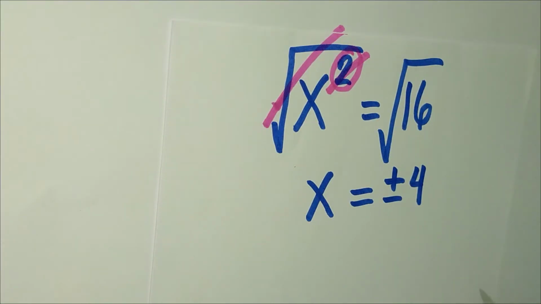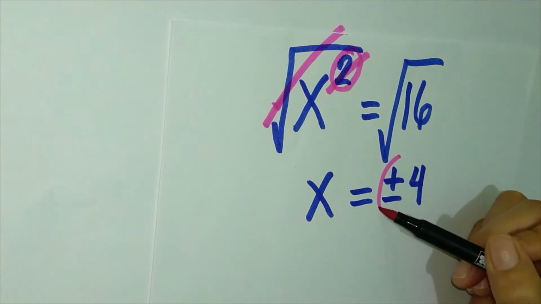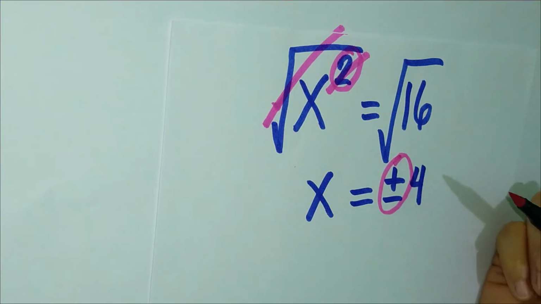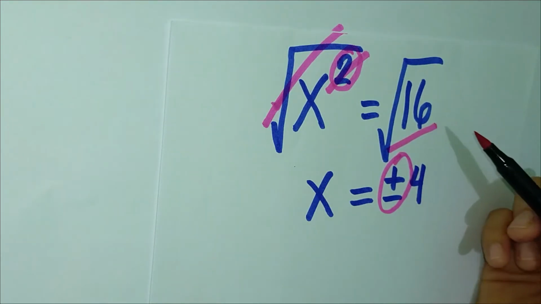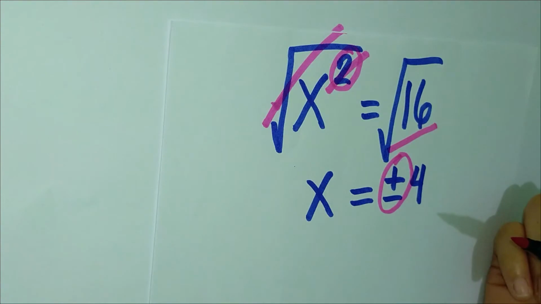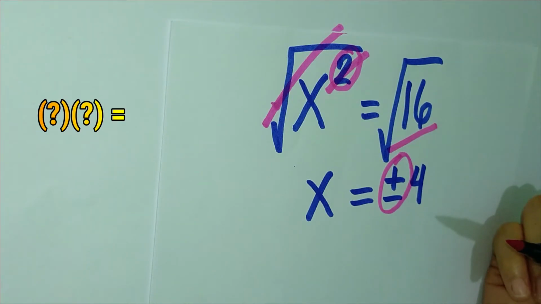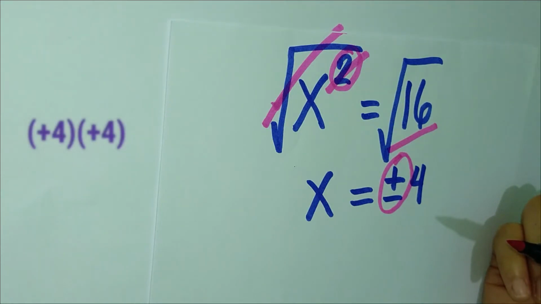Why is there a positive or negative sign before 4? If you are going to get the value of the square root of 16, you will think of a number that if you multiply it by itself, the answer is 16. Thus, multiplying positive 4 to itself results to a positive 16.